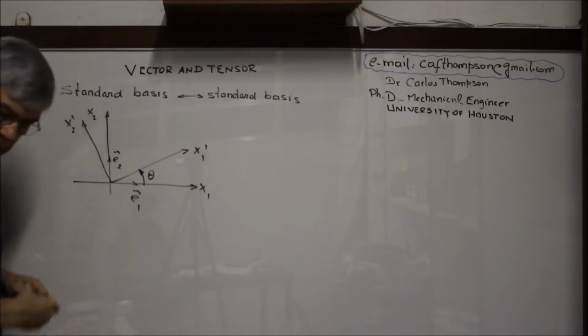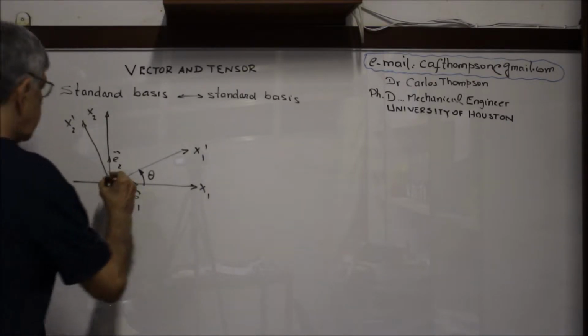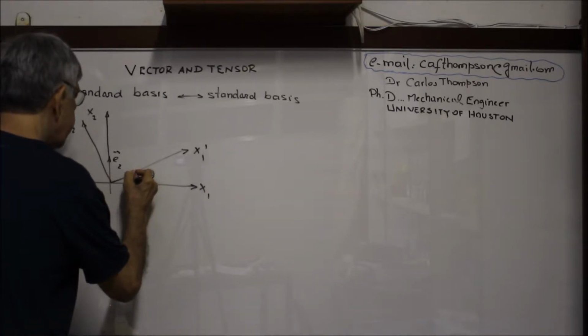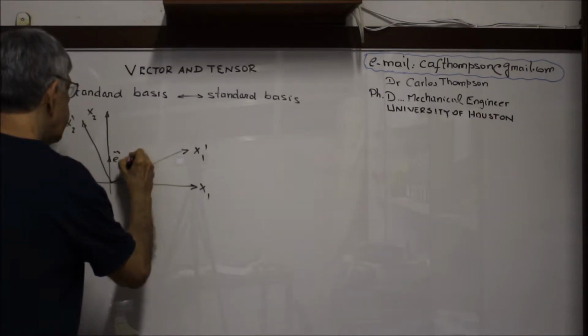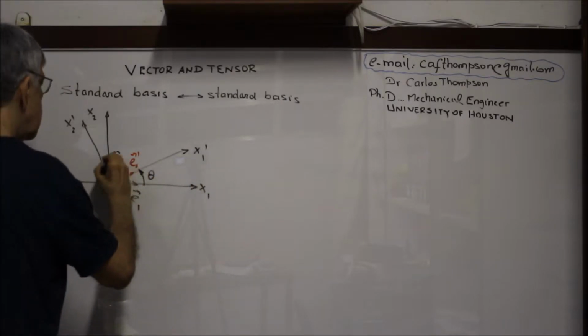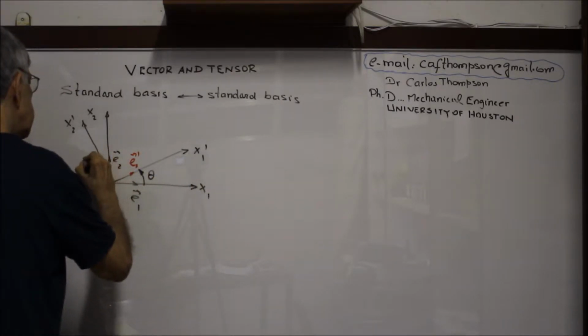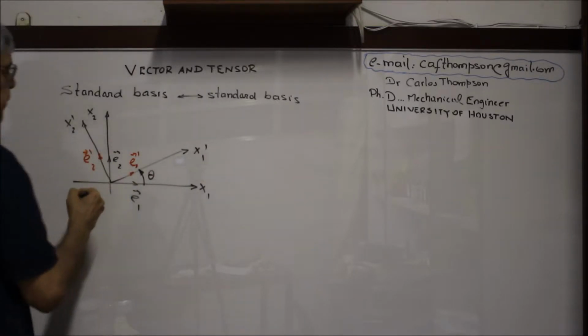Now, here I'll write down E1 prime from x1 prime, and here E2 prime.